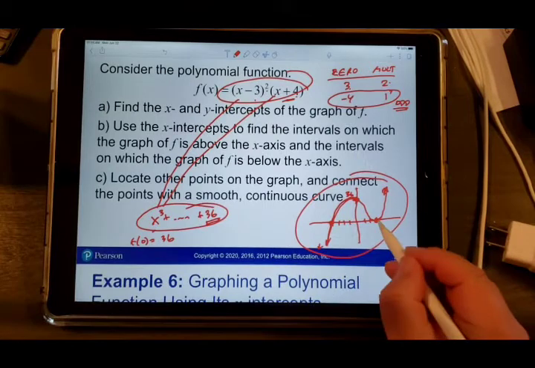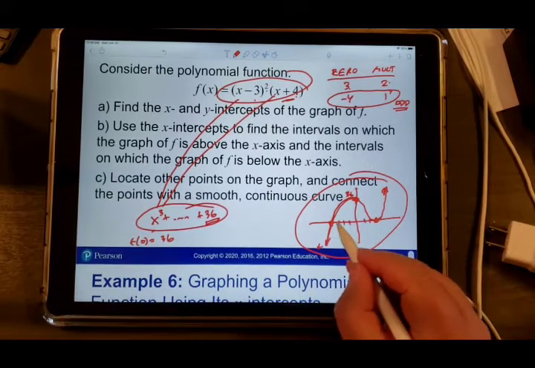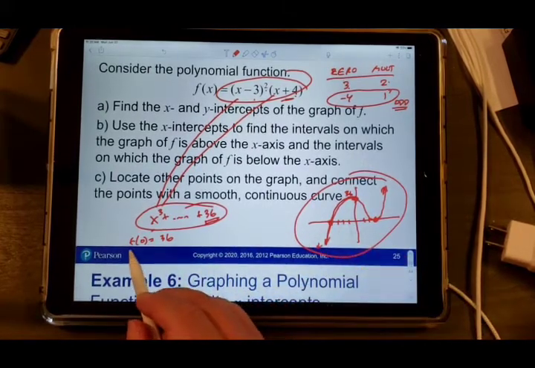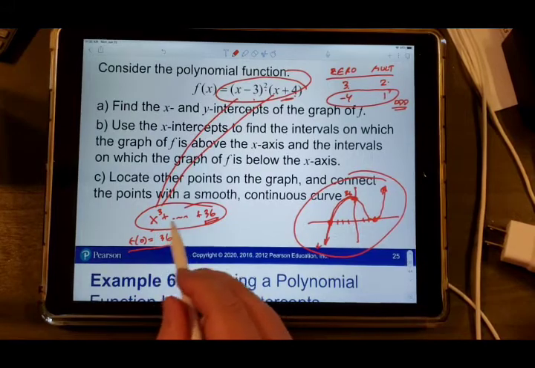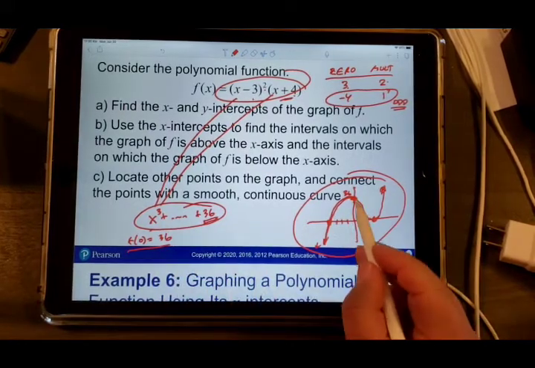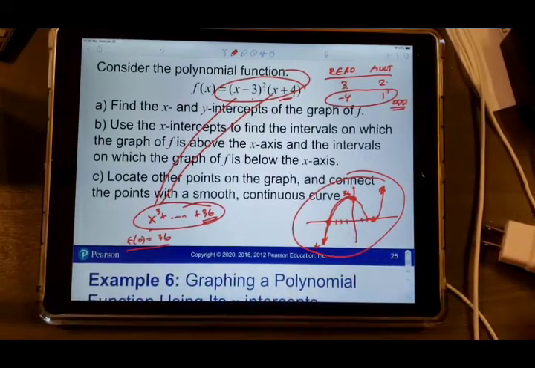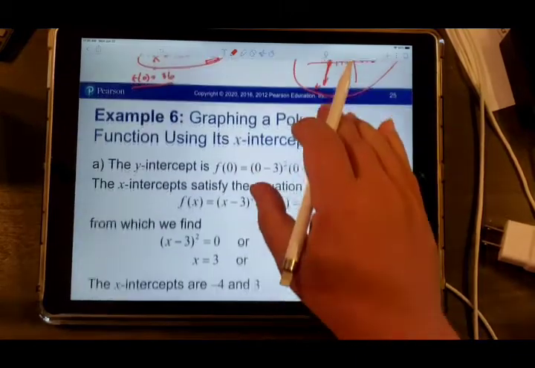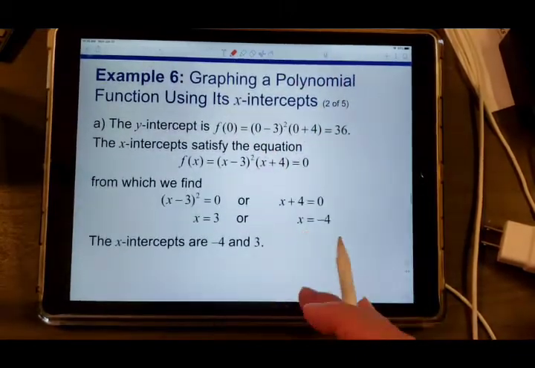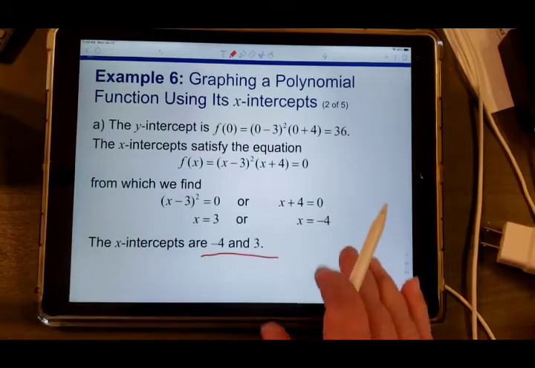Intercepts are where the graph either touches or crosses. We know that with mental multiplication, we can get some information. So what does the author do page after page here? The author finds the intercepts.